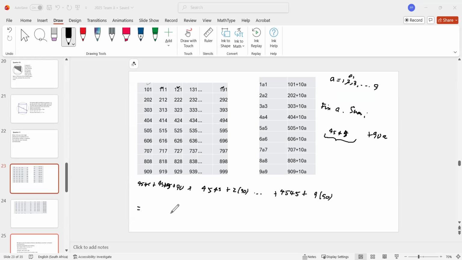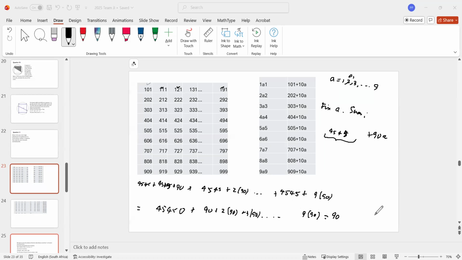Now, the 4545 occurs 10 times. They occur in each one of these. So it's 4545 multiplied by 10, and that's easy. And then you have 90 plus 2 times 90 plus 3 times 90 and so on, all the way up to 9 times 90. Right. In other words, this is 90 times 45. 90 is a common factor.